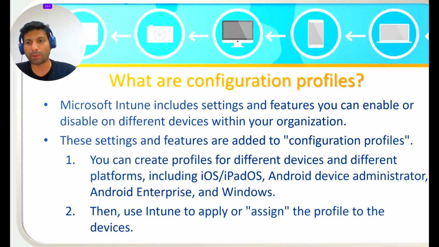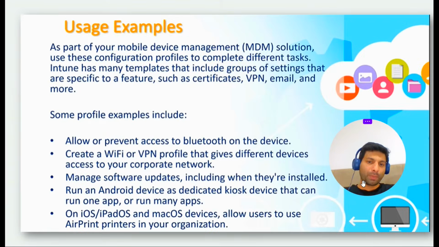All right, so let's talk about some usage examples here. As part of your mobile device management (MDM) solution, use these configuration profiles to complete different tasks. Intune has many templates that include groups of settings that are specific to a feature, such as certificate, VPN, email, and more.